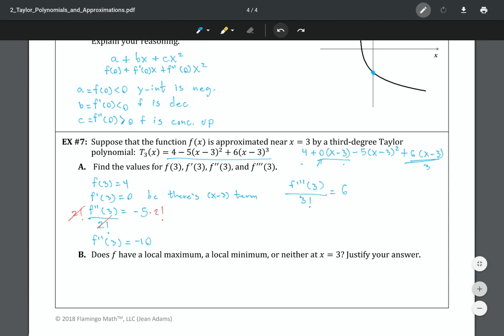Now, because I don't have that, that must mean that this right here was equal to 6. So I'm going to multiply both sides times 3 factorial. 3 factorial is the same thing as 3 times 2 times 1. So that's essentially going to be 6 times 6, which is going to be 36. All right, so those are all the values for all of those.